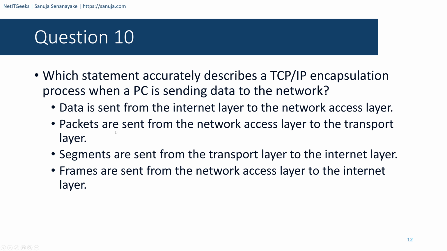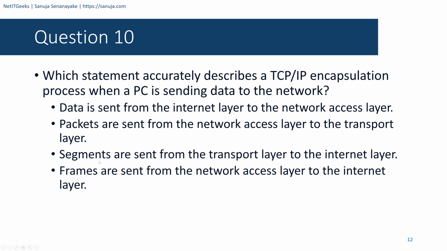If you look at the answers, the data is sent from the internet layer to the network access layer. That's not right. Packets are sent from the network access layer. Nope, not in the TCP/IP encapsulation process. Segments are sent from the transport layer to the internet layer.